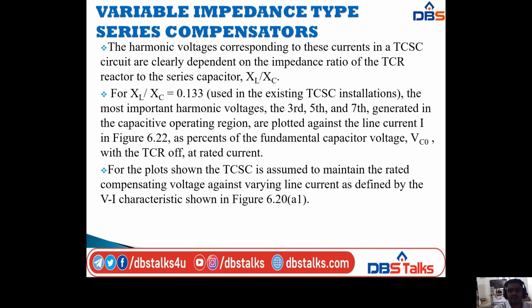The harmonic voltages corresponding to these currents in TCSC circuits are clearly dependent on the impedance ratio of the TCR reactor to the series capacitor, that is XL by XC, which is equal to 0.133 in existing TCSC installations. The most important harmonic voltages, the 3rd, 5th and 7th generated in the capacitive operating region, are plotted against the line current I in figure 6.22.